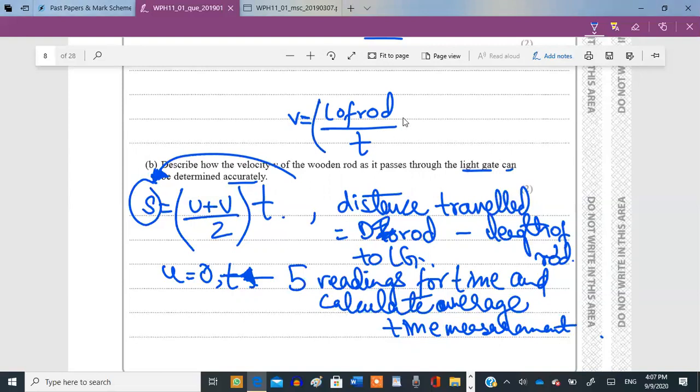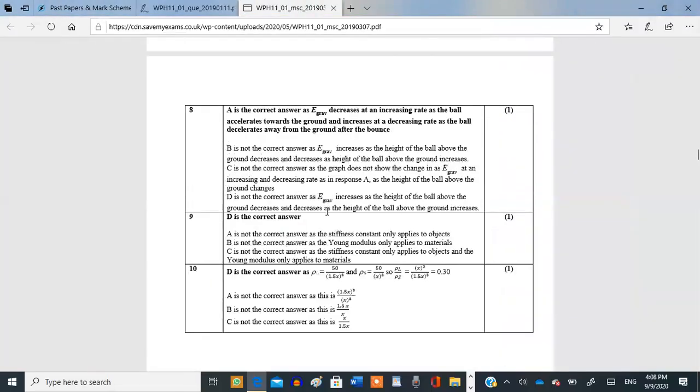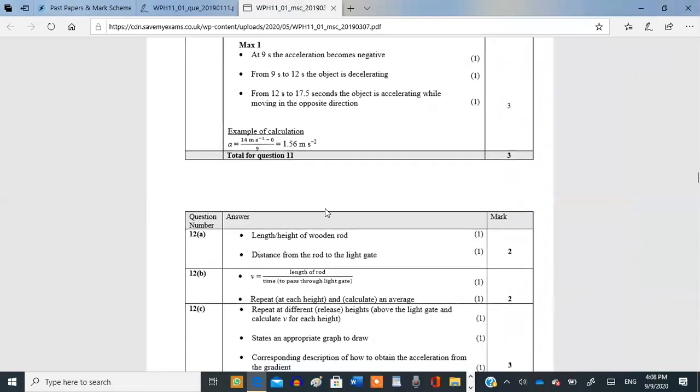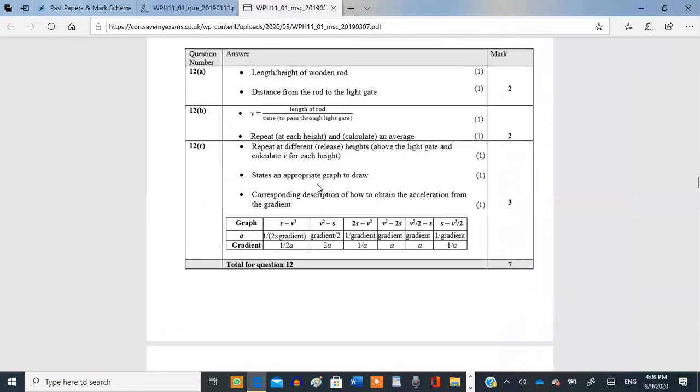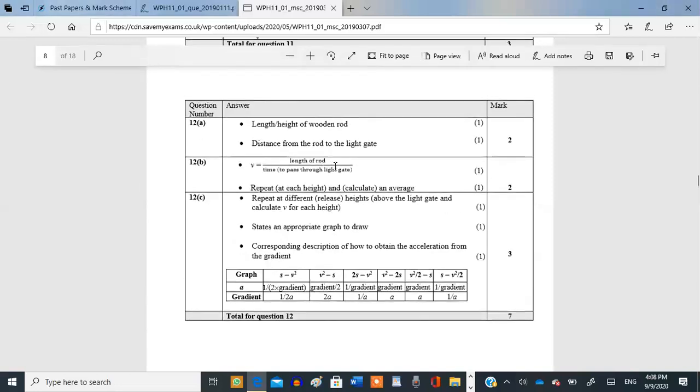And then the second point is repeat at each height and calculate an average. They didn't mention the five readings.